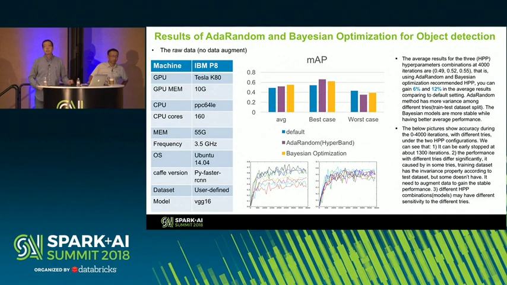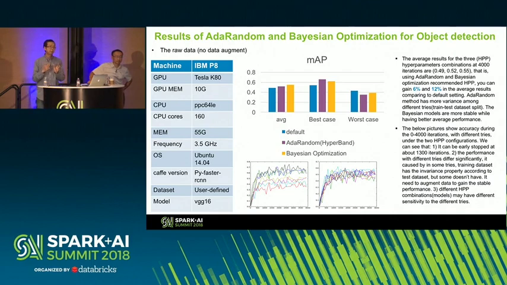And here is some results. This is the hyperparameter search for object detection. We can find that the adaptive random search is an update of the Hyperband. From the best case point of view, it has the best performance, but from the average point of view, the Bayesian optimization has the best performance.